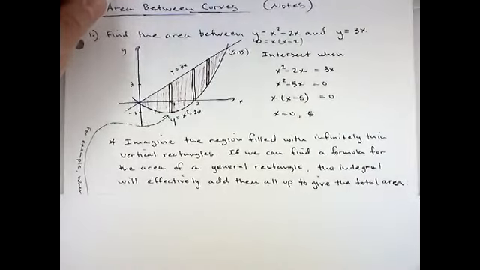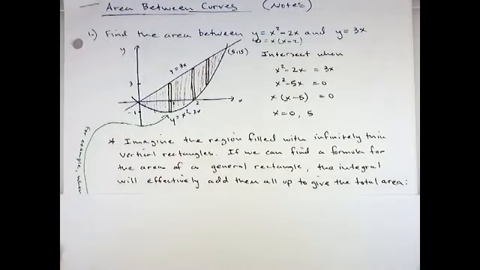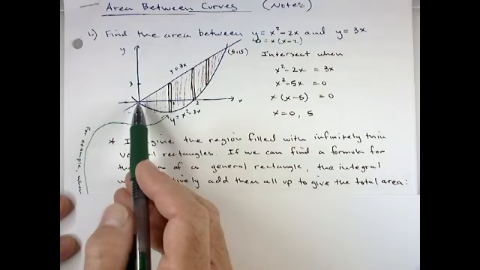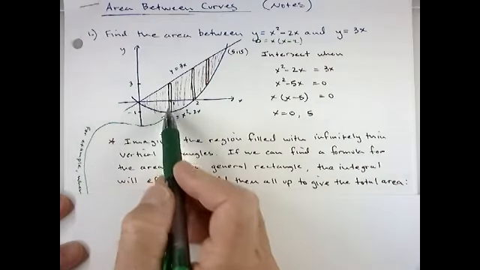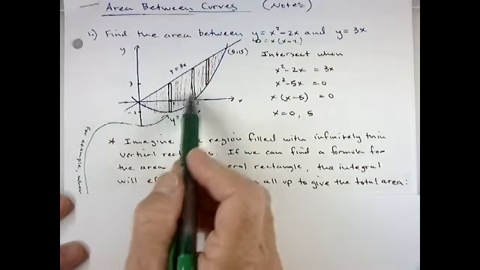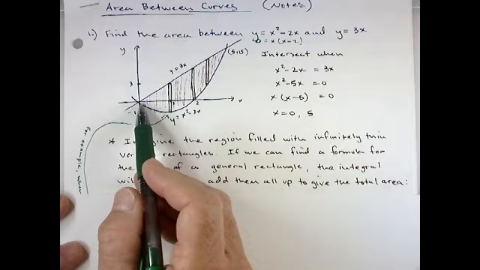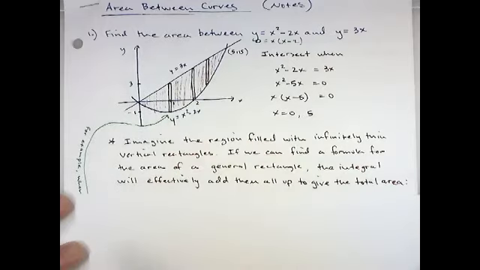As we know, the way to think of an integral now is as an adding machine. The fundamental theorem of calculus gave us a way: if you can find a formula for the area of every single one of those rectangles, the integral will do the job of adding up the areas of an infinite number of rectangles to give us the total area.